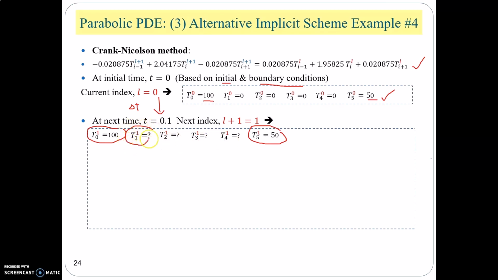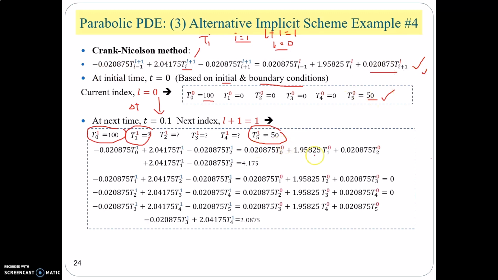To find the T11, let the TI L plus 1 equal to T11 here, and you get i equal to 1, and your L plus 1 equal to 1. Therefore, you obtain your L to be 0. So substitute the i and L inside this formula, and you should be able to obtain this equation here.